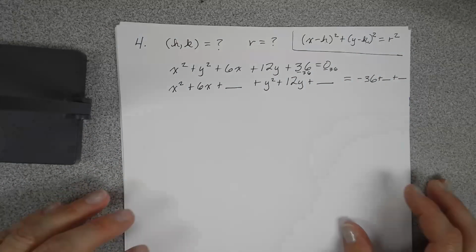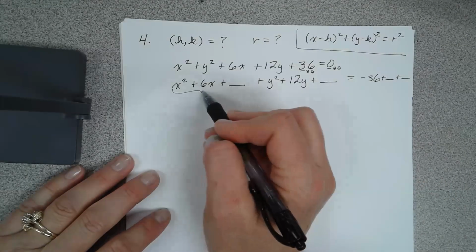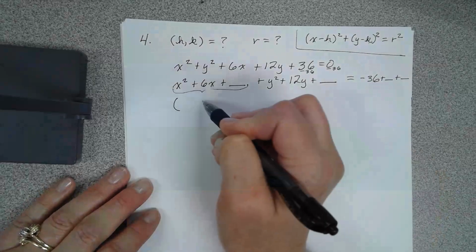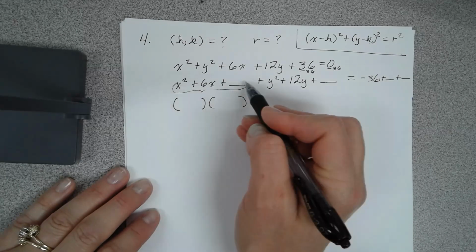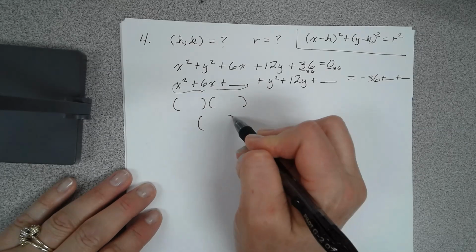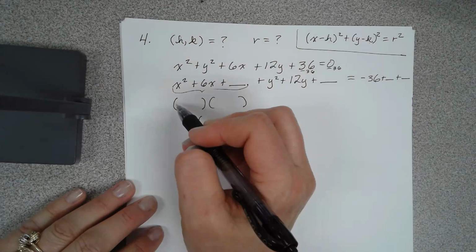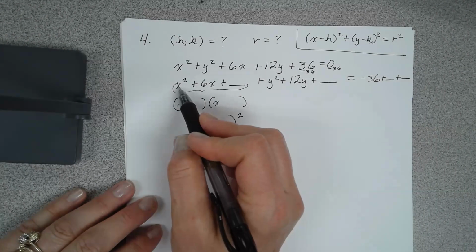All right, so let's work on the x's first. To complete that square, we want two factors that multiply together to give me this trinomial, and they need to be the same so that I can write it as a square. The first two are going to be x's, because they need to multiply together to give me x squared.